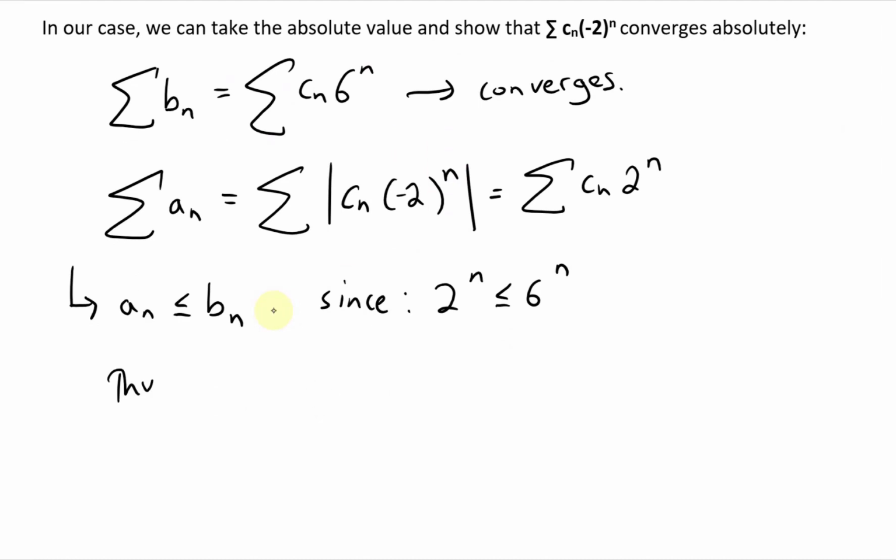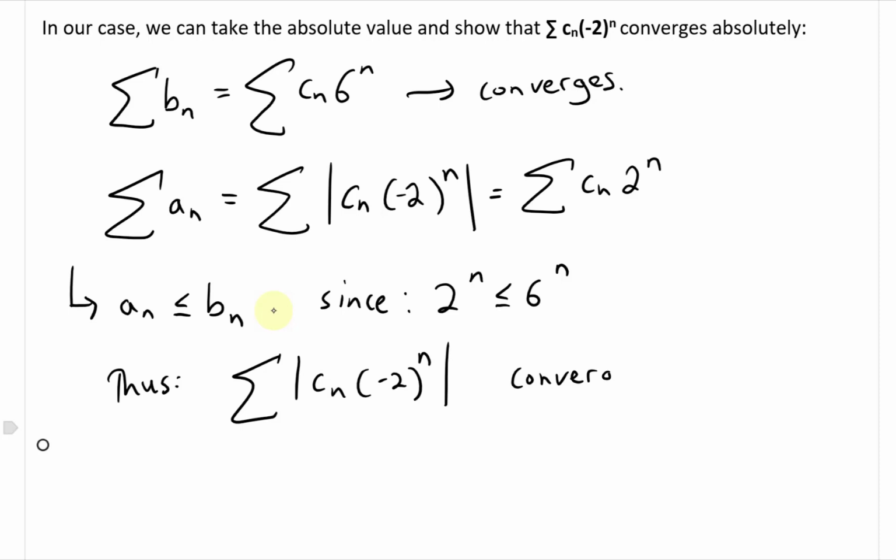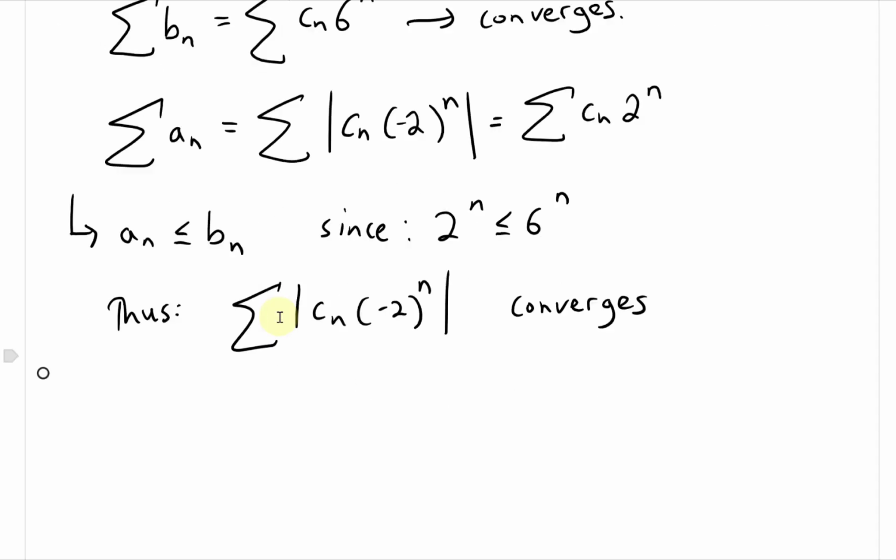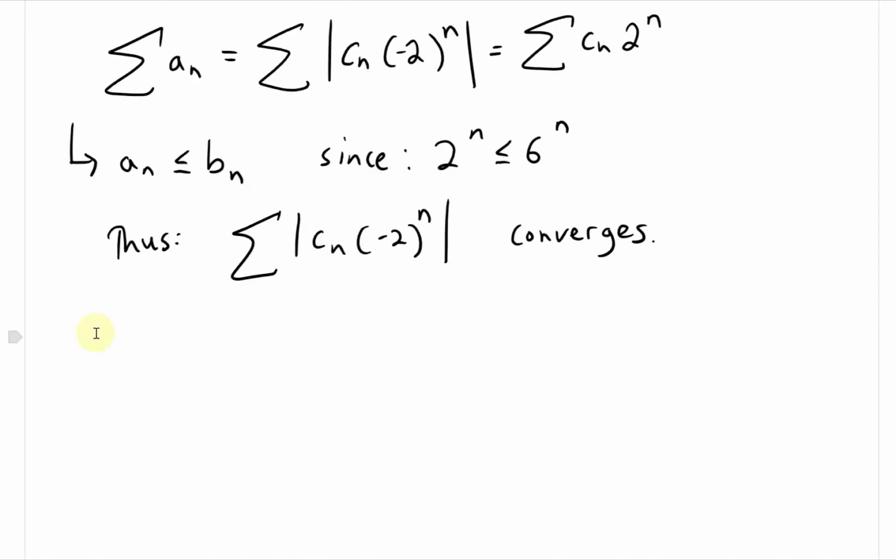Thus, the summation of the absolute value of Cn times negative 2 to the power of n converges.